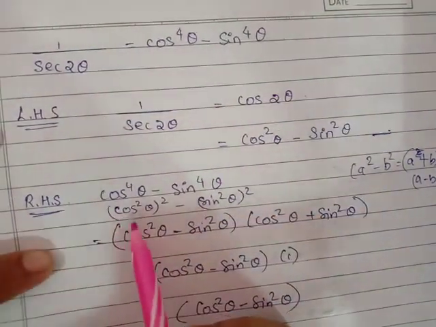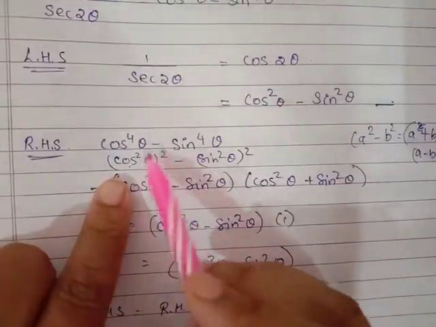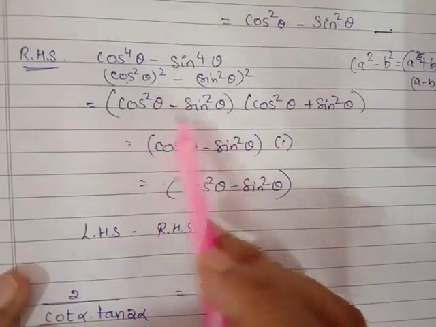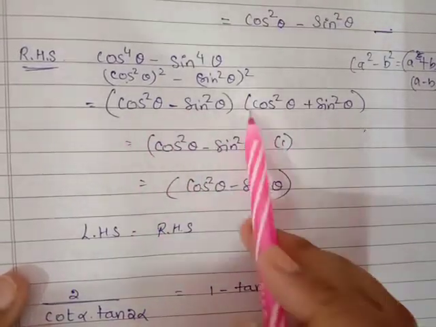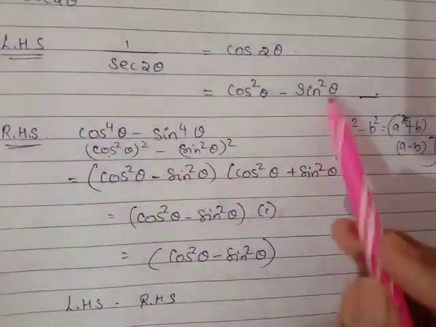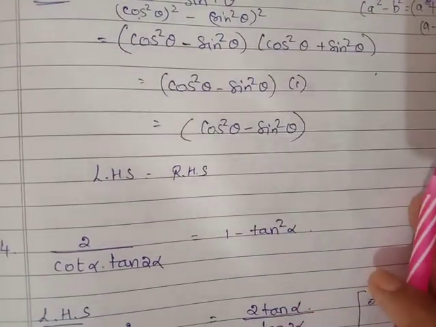So a is cos square theta, b is sin square theta, and therefore you will get (a minus b) into (a plus b). You know that cos square theta plus sin square theta is 1, and therefore see, LHS is cos square theta minus sin square theta and RHS is cos square theta minus sin square theta, and therefore LHS equal to RHS.